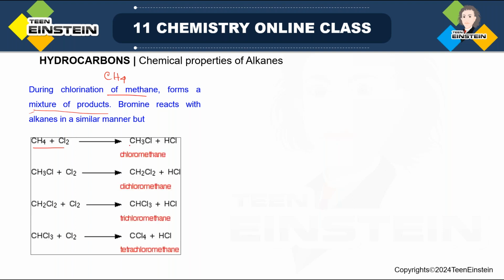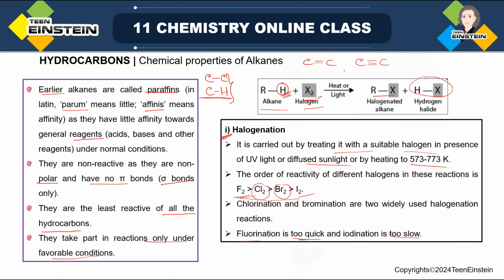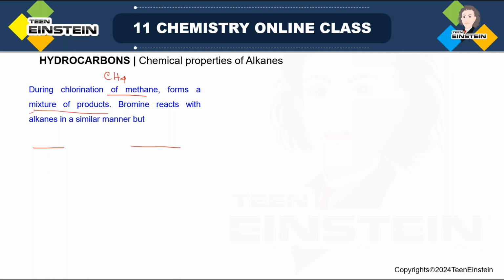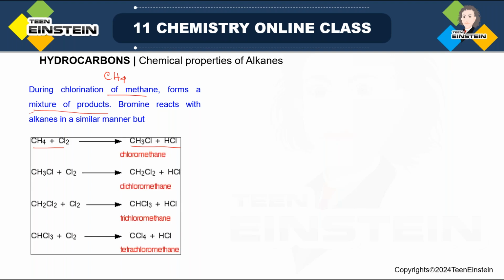This is the first reaction. Up to this point, you can compare with the previous general equation where one RH bond, that is carbon hydrogen bond, is replaced by a carbon halogen bond. But suppose it further reacts in other steps, second step, third step, then a mixture of products is possible. So the first expected product is CH3Cl, which is chloromethane.